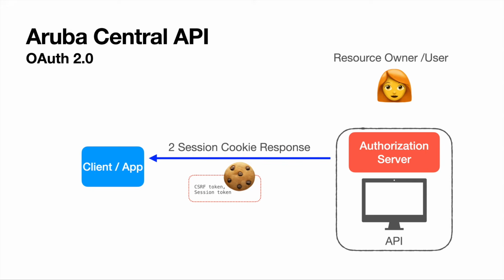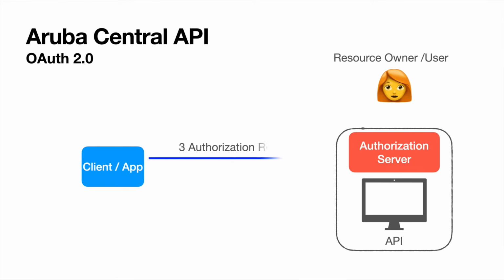There's a CSRF token, which is a cross-site request forgery token. That's a process that OAuth 2 helps to mitigate. We won't go into too much detail there, but essentially you've got two tokens, one for CSRF and one for the specific session.